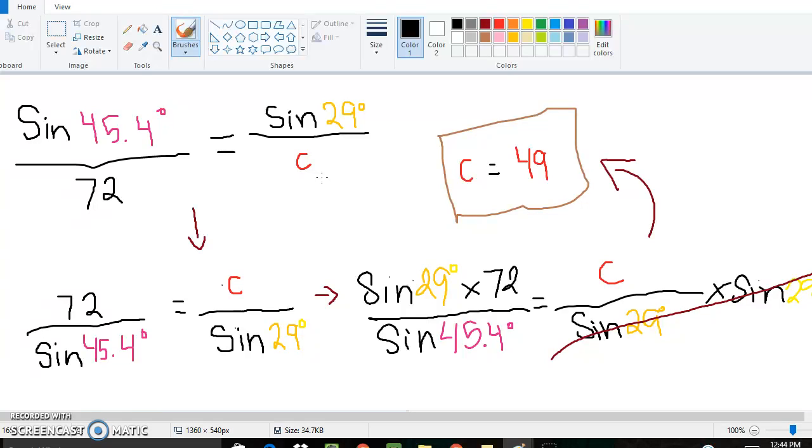So we went over the fact that sine A over side A equals sine B over side B equals sine C over side C. Because of that, we can use any of them equal to the other one, and we can find the unknown.